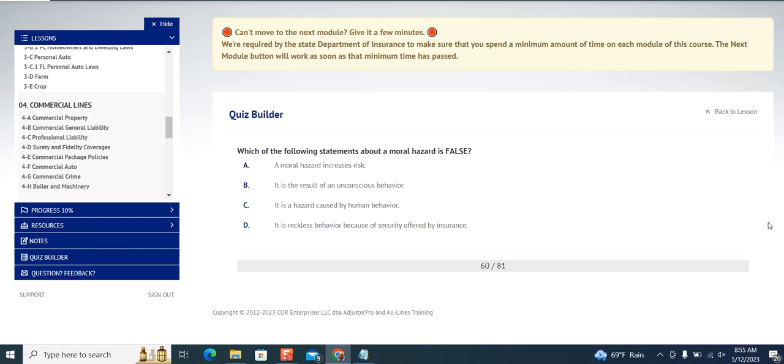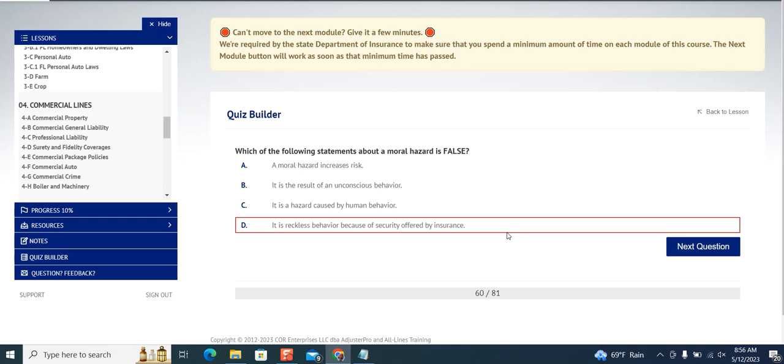Morale hazard. A reckless behavior because of the security offered by insurance. I think morale is like when you take a risk because you know you got insurance. It's kind of like, I drive this car as fast as I want just because I got insurance. Like, if something happened, I got insurance. Yeah, that sounds like that right there.